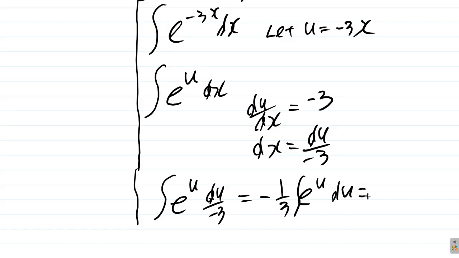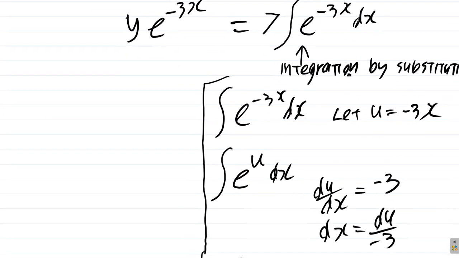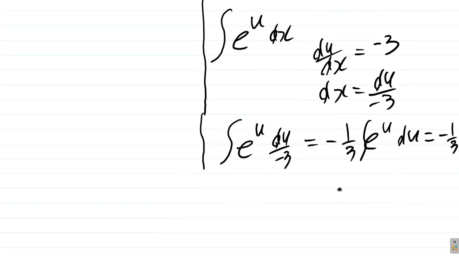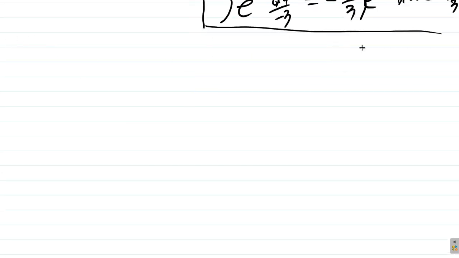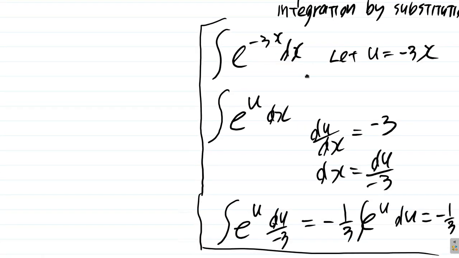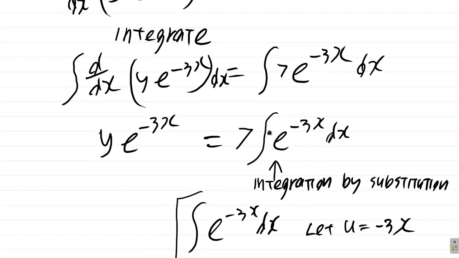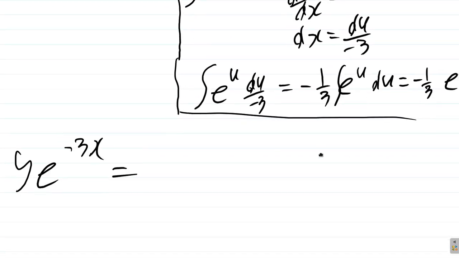Now, when you integrate e to the u with respect to u, what you get is e to the u plus c. Alright? So that's what you really get. So here, let's get back to this. y e to the negative 3x equals it's going to be 7 times the integral of e to the negative 3x.